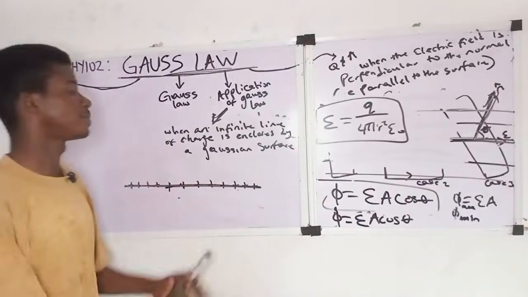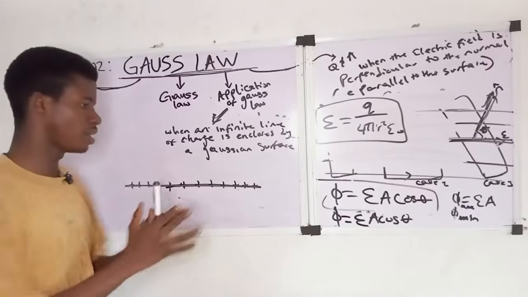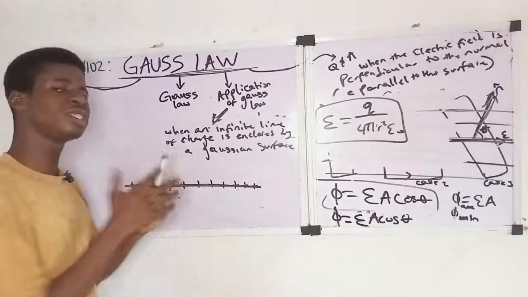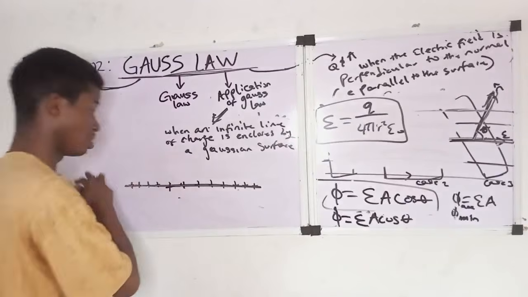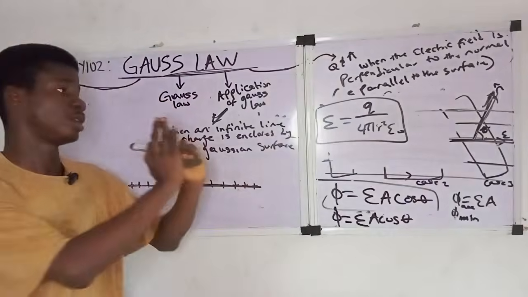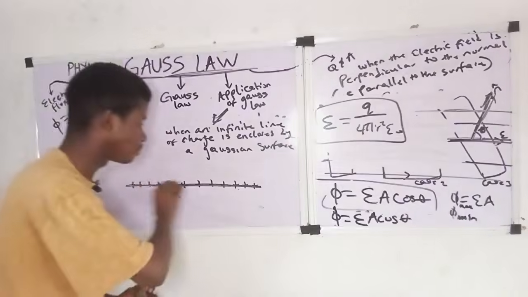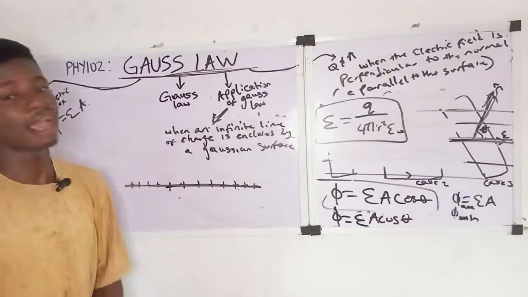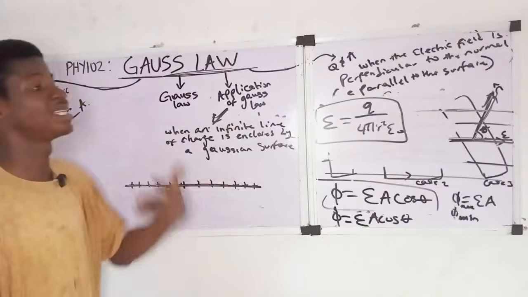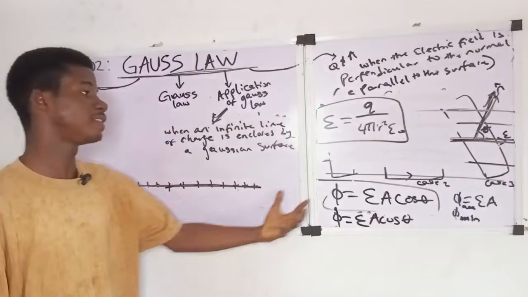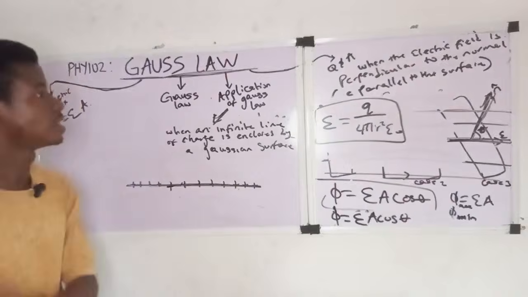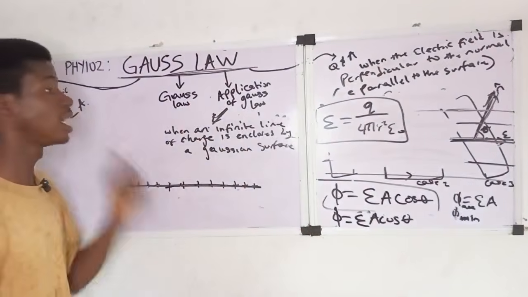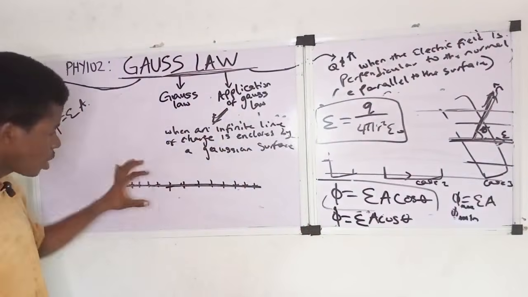How are we going to determine the electric field produced by this infinite line of charge? We are going to use Gauss law.